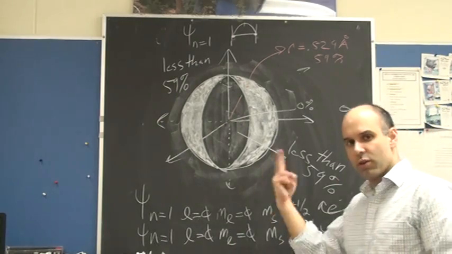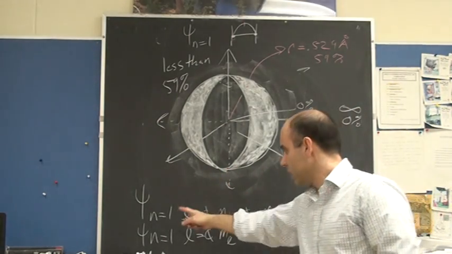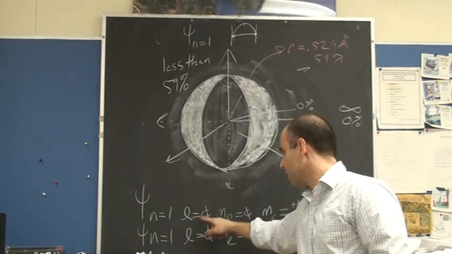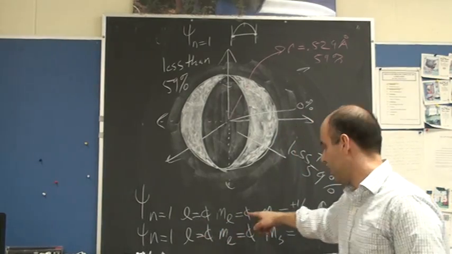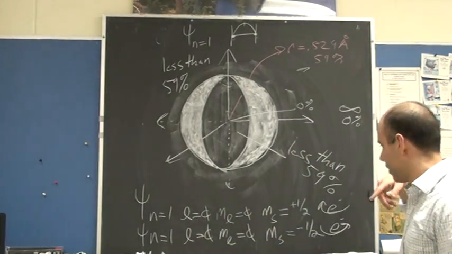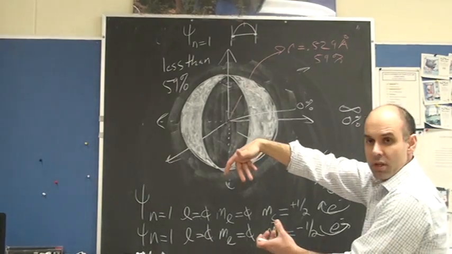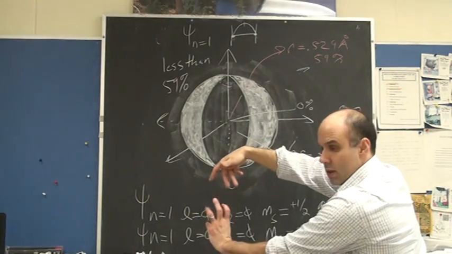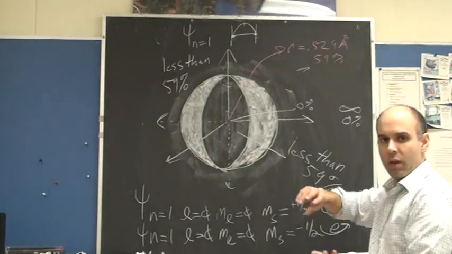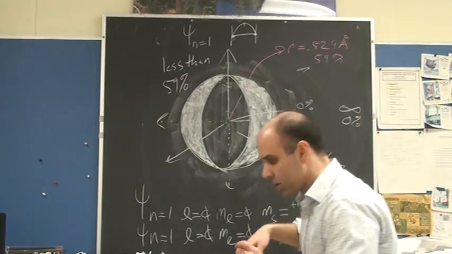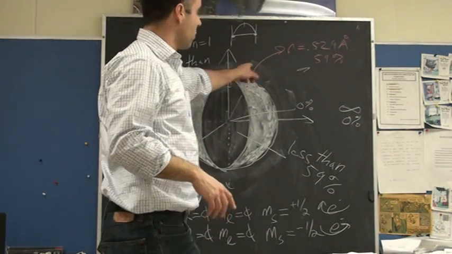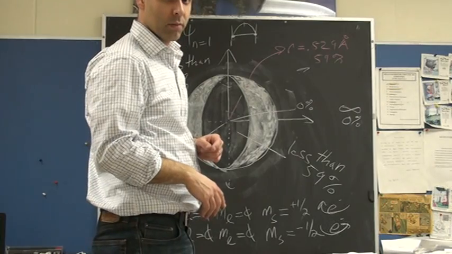So in other words, if I had 2 electrons, each with a wave value of 1, each with 0 angular momentum, each with 0 magnetic field, but the difference is one electron is spinning this way and the other electron is spinning the other way, the best place to look for both of them is 0.529 angstroms away.